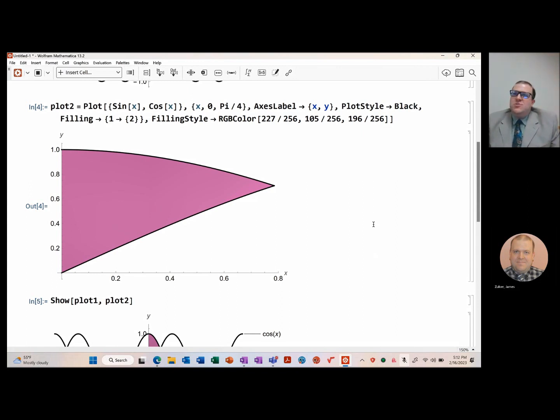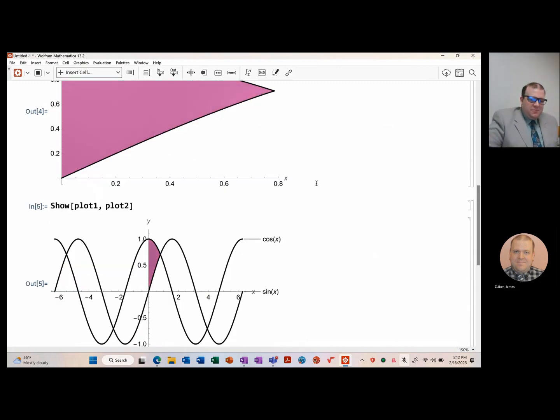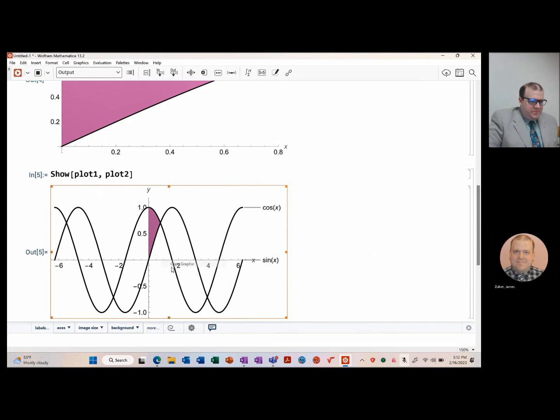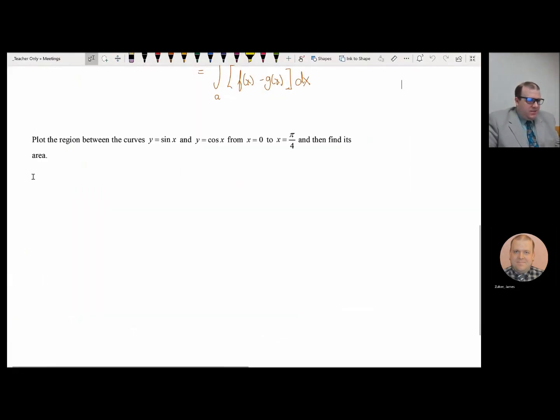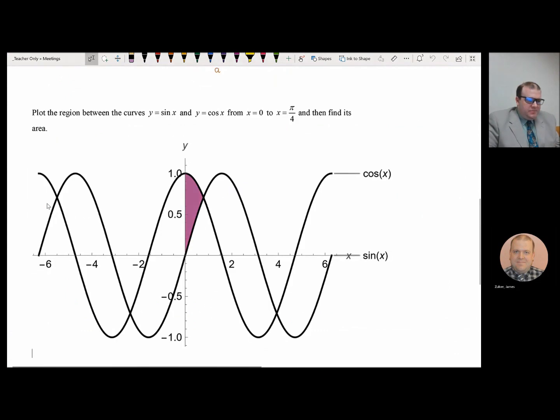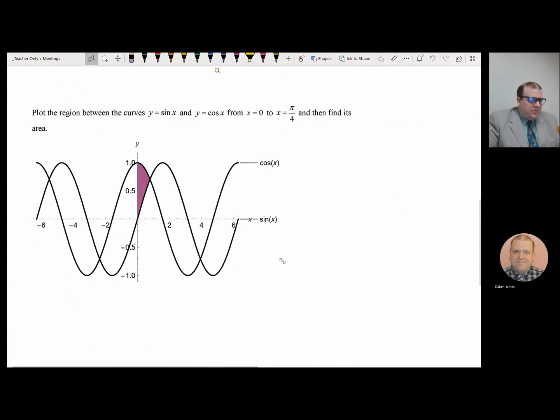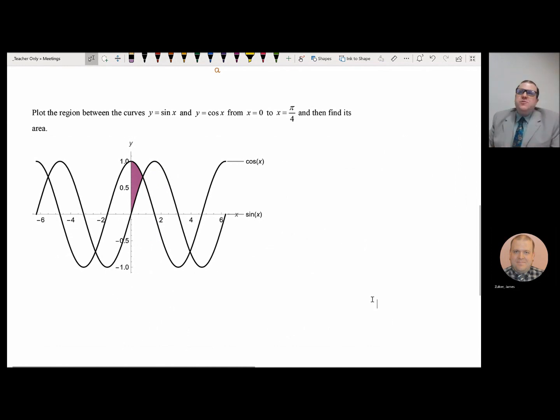But if you really want to get fancy, you can just look up an RGB code and use that. So there's the region whose area we're trying to find.